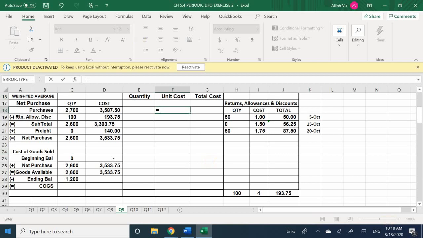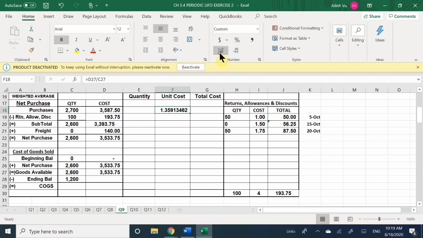So what numbers am I going to be using? 3533.75 divided by 2600. Good. And I should get this long number here of 1.35913, and so on.